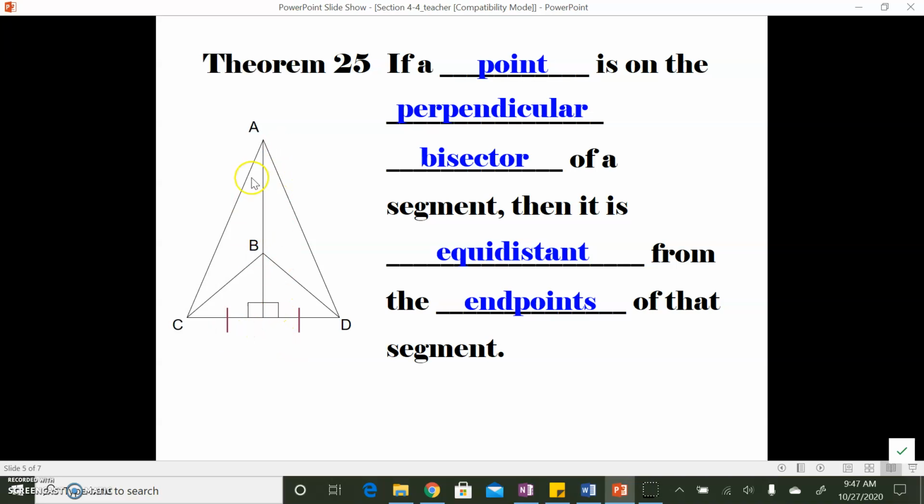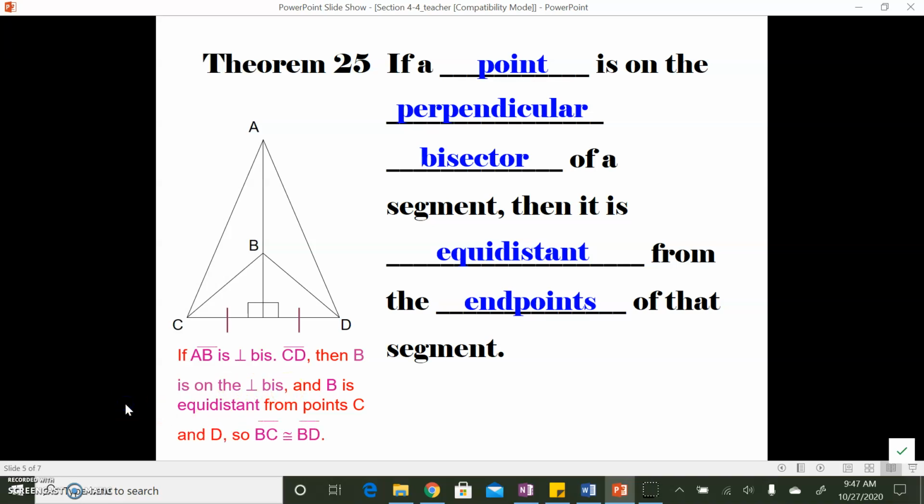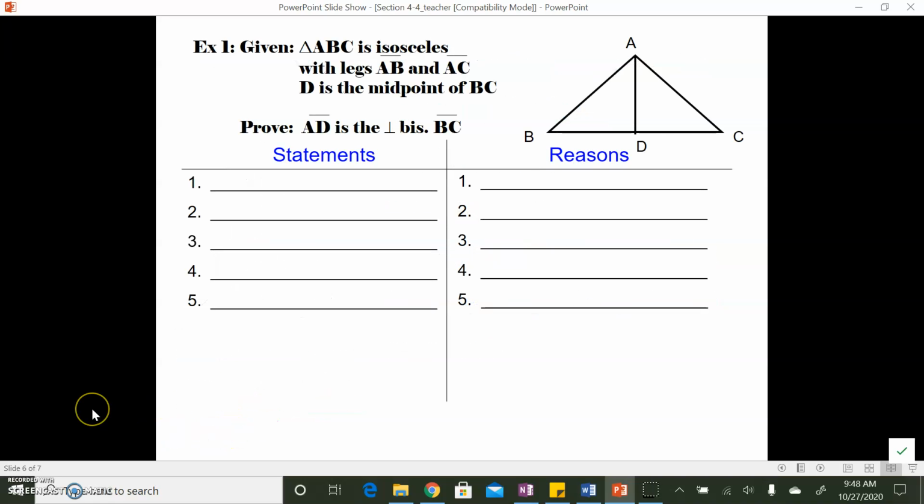So if I am given that line AB is the perpendicular bisector of segment CD, the diagram shows that because it's bisected and perpendicular, I can conclude that BC is congruent to BD. I can conclude that AC is congruent to AD because they are on the perpendicular bisector. AB is the perpendicular bisector, B is on the bisector, B is equidistant to points C and D, and A is also on there.